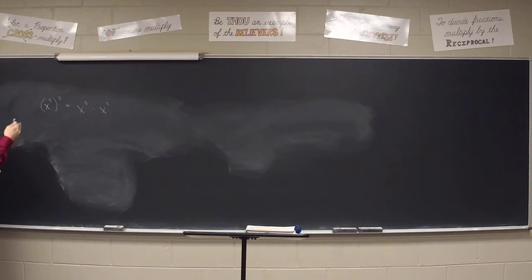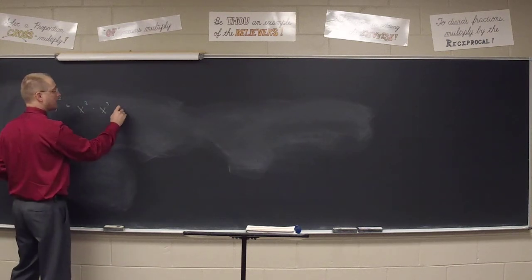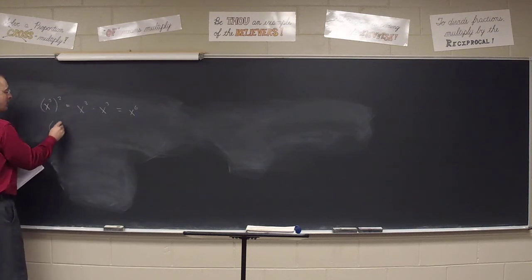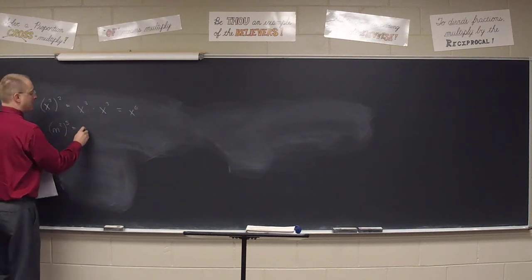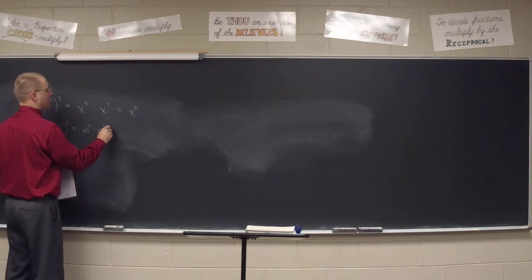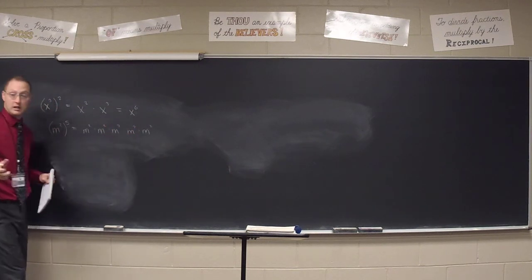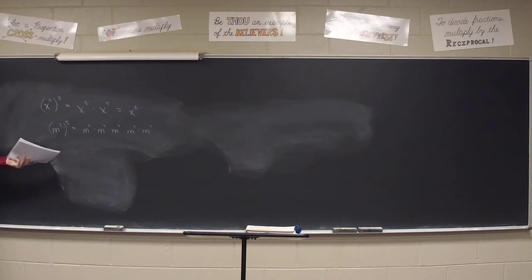And we multiply x cubed times x cubed, class, we get x to the 6th. Or if I had m squared to the 5th, well, that means m squared times m squared times m squared times m squared times m squared, which is a really inefficient way to do this, but we understand that's what that means.